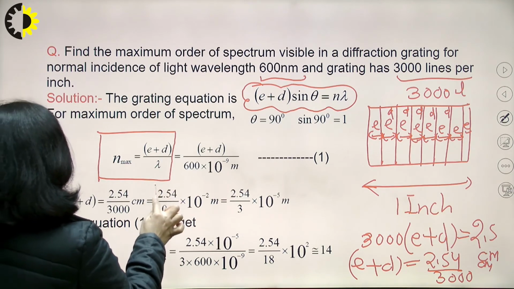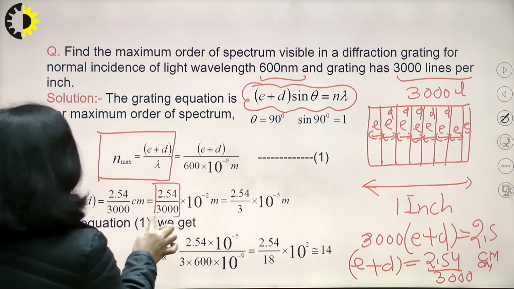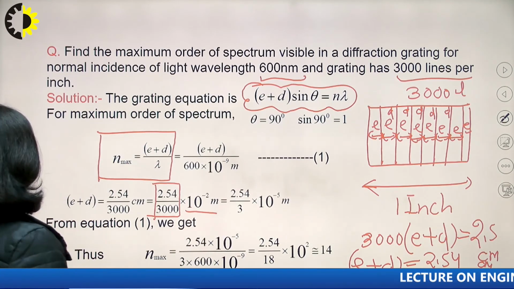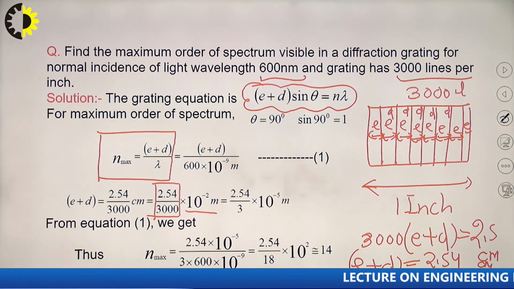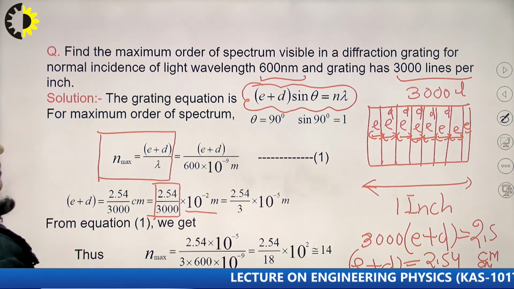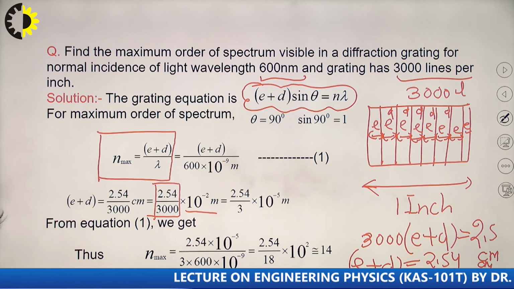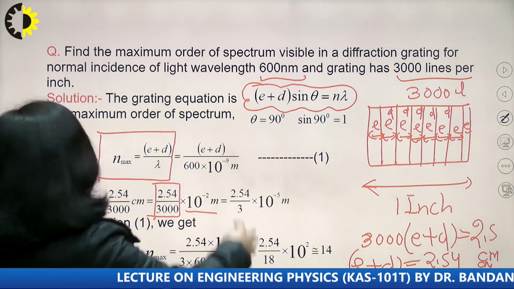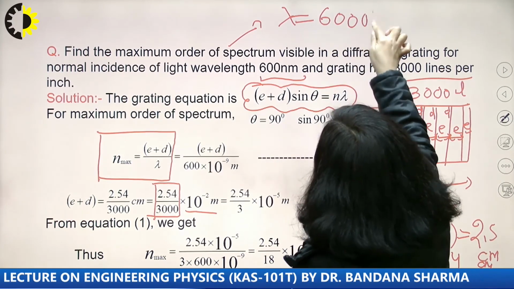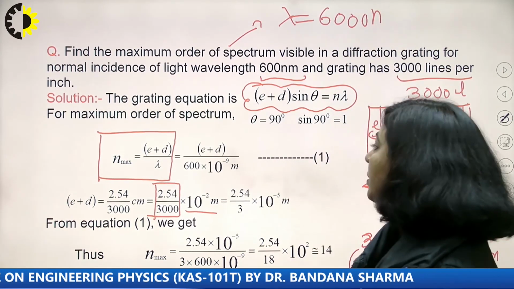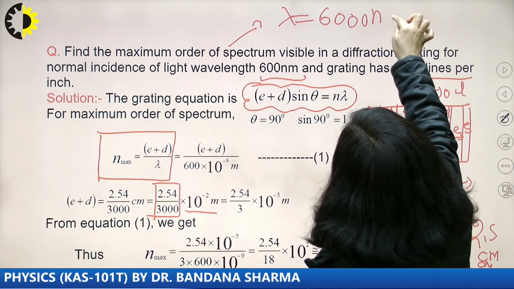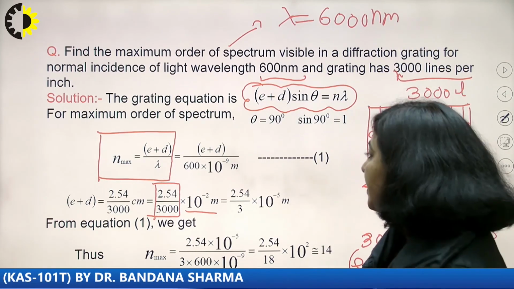So you have 2.54 upon 3000, and we have converted it into meters by multiplying with 10 raised to power minus 2. Then we substitute the wavelength, which is given as 6000 angstrom. This is 600 nanometer actually, so 600 into 10 raised to power minus 9 meter.